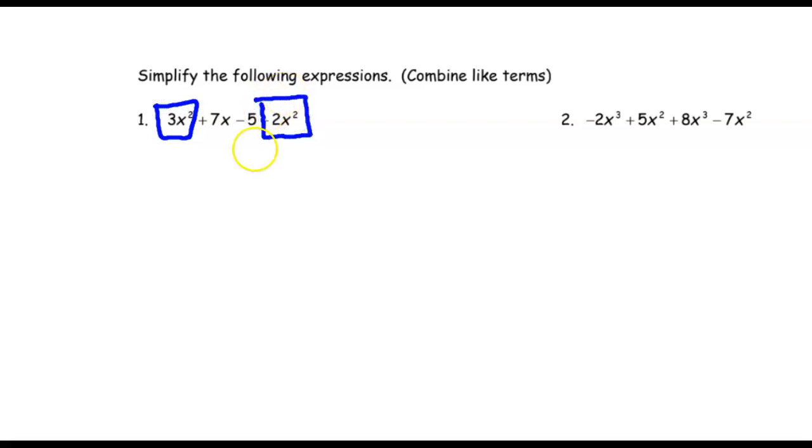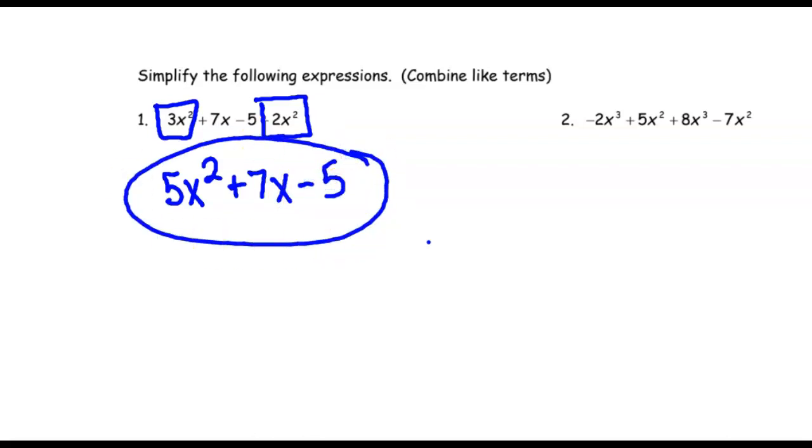Notice the 2x squared is positive and the 3x squared is positive. Combining the like terms just means to take the two coefficients and add them. 3 and 2 is 5, so we end up with 5x squared. The 7x we don't have anything to combine with, so it's just plus 7x, and for the constant there's nothing to combine with. So that would be our final answer when we simplify.